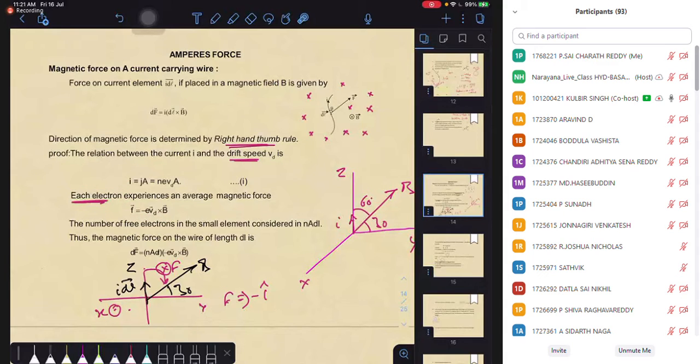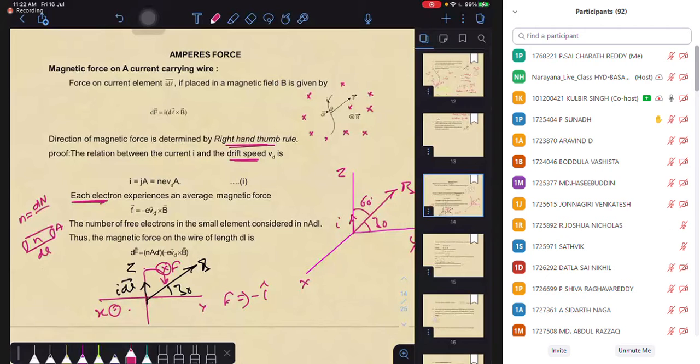So if we multiply the number of electrons with the force experienced by one electron, I will get the total force experienced. So in that small section, how many electrons are there? If you consider a small length dl, it is like a volume. And small n, if you remember, is the number per unit volume. It's the number density.